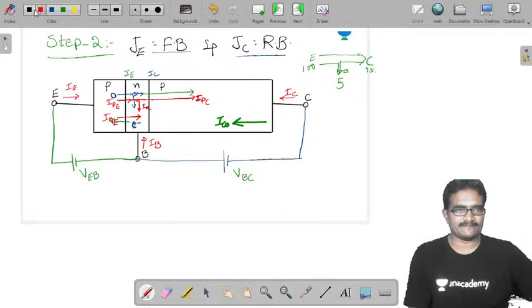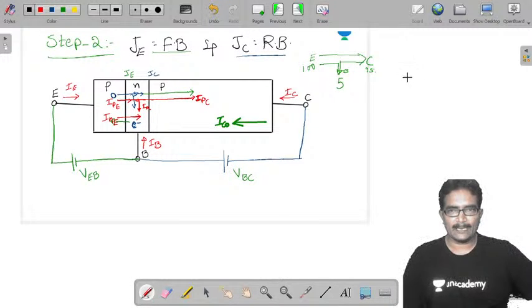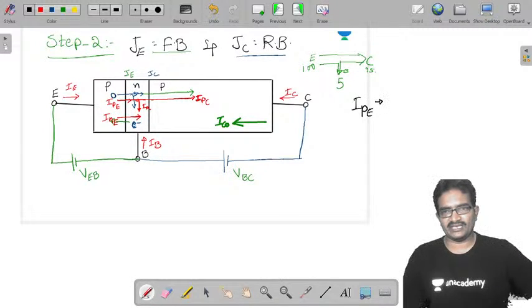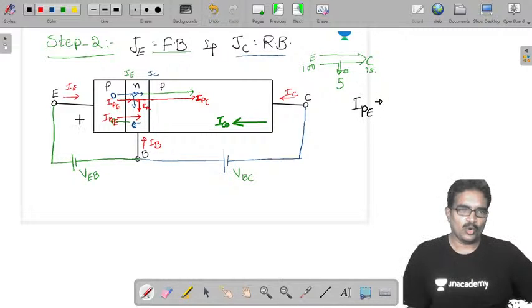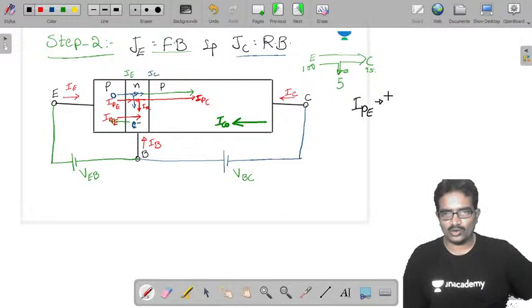First I am representing IPE. IPE is the whole diffusion current at the emitter junction.